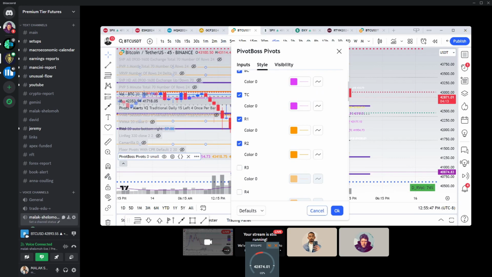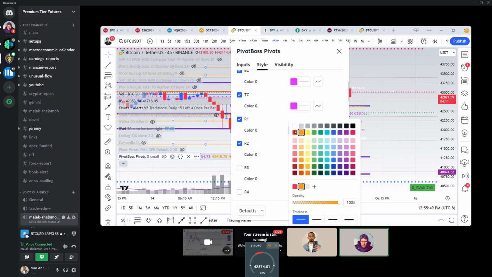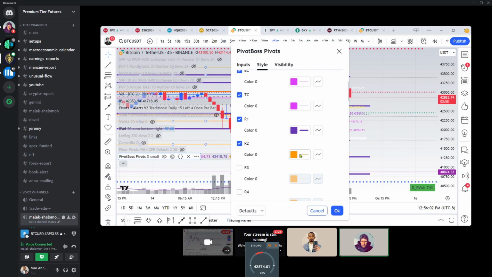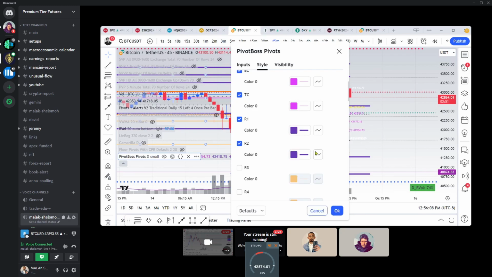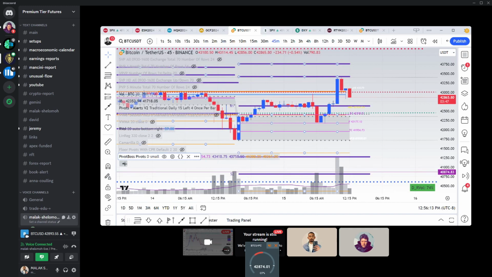I'm going to color these a different color and make them more prominent, just so we can see where they are. Let's do these as dark purple. And then I'll do that to this one as well. Dark purple, make it bigger. Okay, that should be more visible.